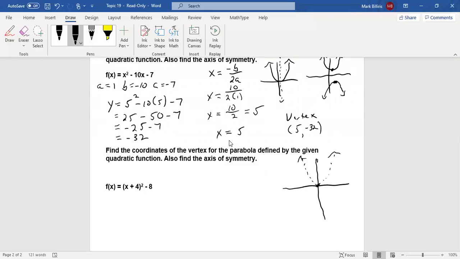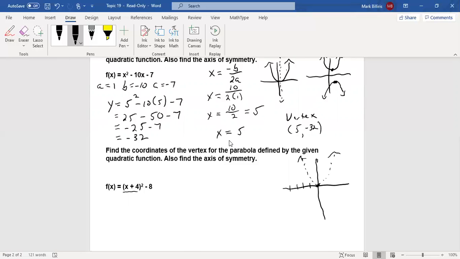So in this case, we have both a horizontal shift and a vertical shift. So what's going to happen in this case, since we have x plus 4, our graph is going to shift 4 units to the left, not the right, to the left. So our vertex is going to shift 4 units to the left, and then 8 units down.